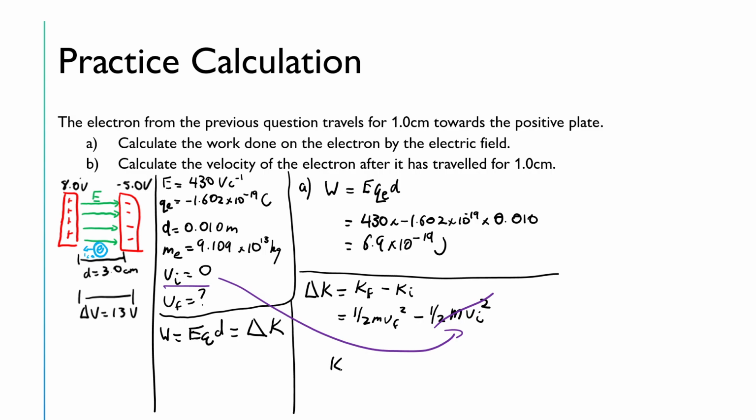What we can determine here is that Ki is equal to 0, meaning that the kinetic energy of the electron is simply going to be the kinetic energy at its final stage. And this is all equal to the change in kinetic energy or the work that was done on the electron when it was put in between the plates. Effectively here, all we need to do is rearrange and substitute.